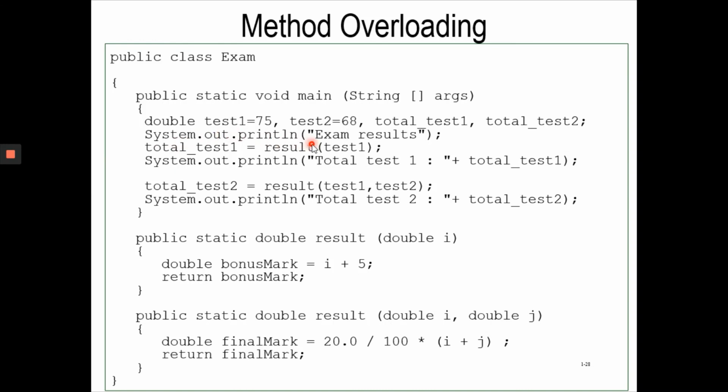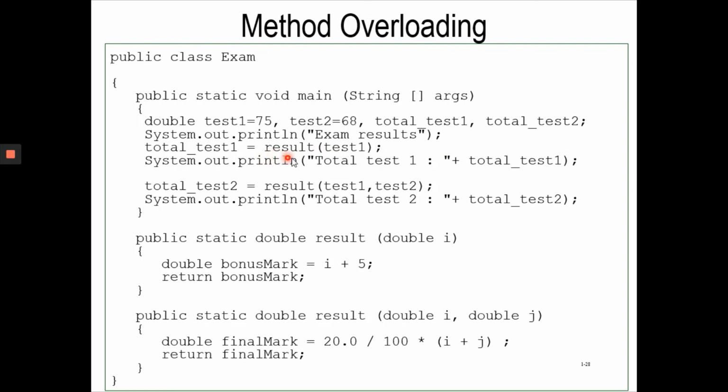Let's trace what actually happens. Here we have a variable declaration in the main method. We initialize the values: test1 equals 75, test2 is 68, and we also have totalTest1 and totalTest2. So here is just to print exam results.